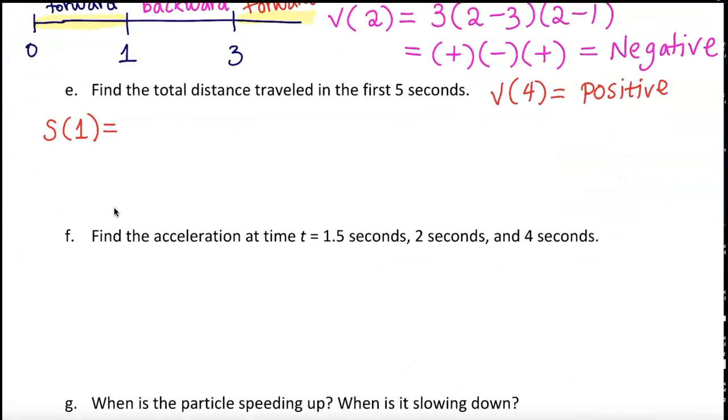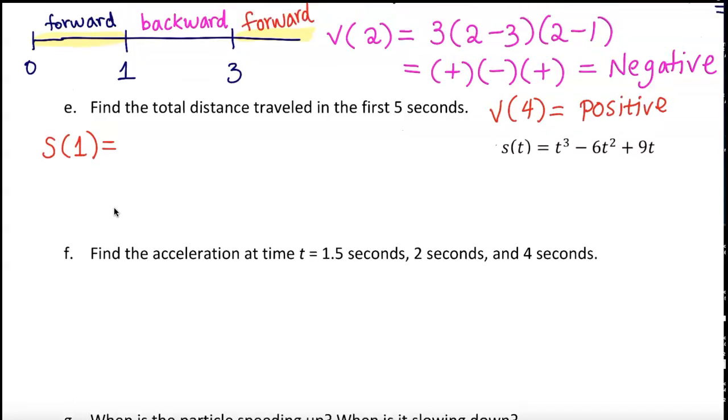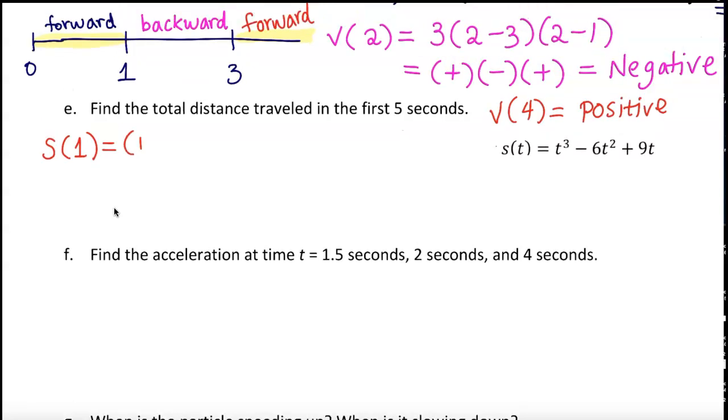So this is the formula. After 1 second, my little particle is located at 1 minus 6 plus 9. My particle is located at 4 units, okay? So this guy went 4 units to the right.